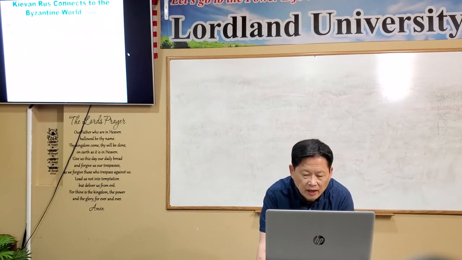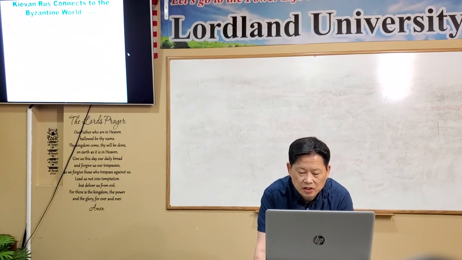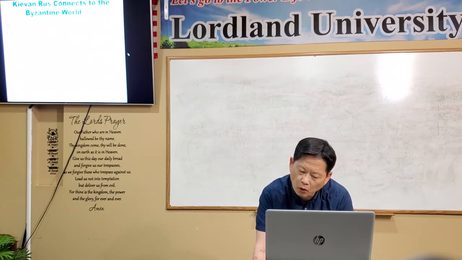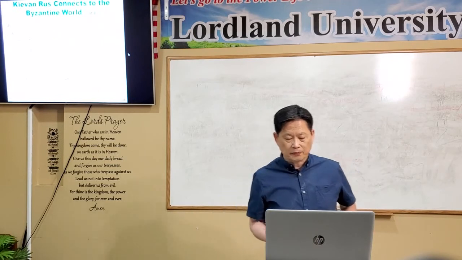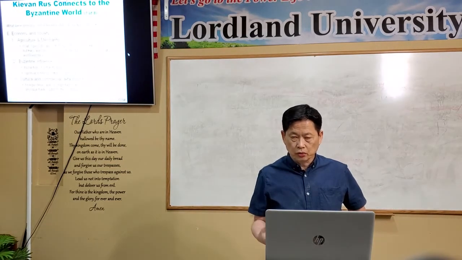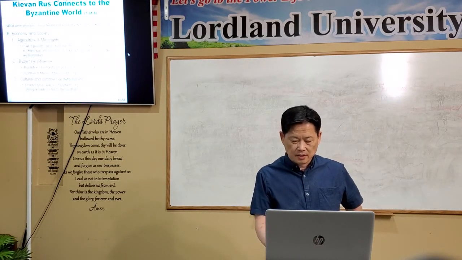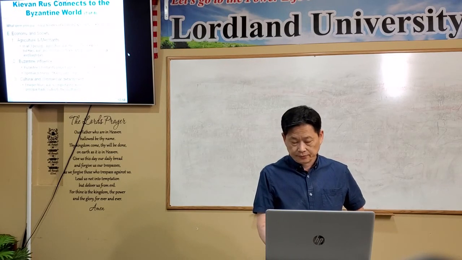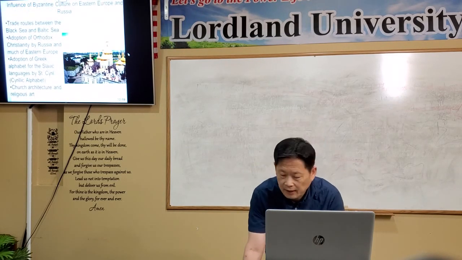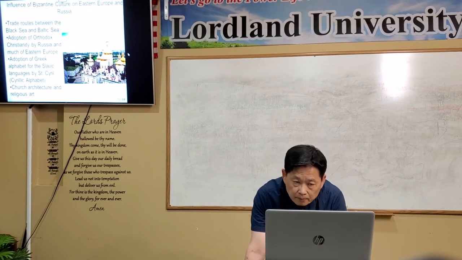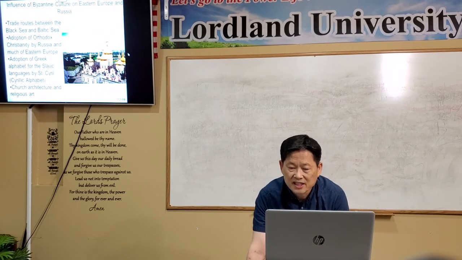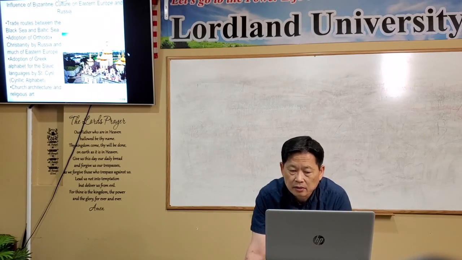Number three, cultural and commercial detachment. The Dnieper River was so important to Kiev. The Dnieper River connected the city to the principal trade route to the southwest. Okay, the influence of Byzantine culture on Eastern Europe and Russia.